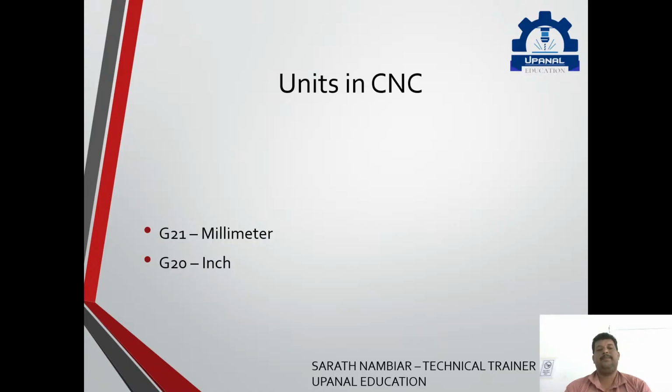Now, next. Before starting any of the work, we have to tell the machine which unit we are going to use. Because normally in India, everywhere uses millimeters, but outside India, many countries like the US use inches. So in the metric system, when we use mm, we always have to start the program by mentioning G21.